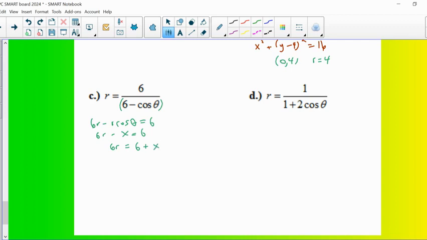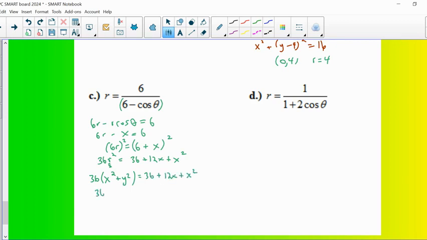And I'm going to now square both sides. So that way I don't get the hybrid kind of an x and an r if I didn't isolate it first. So I get 36r squared is equal to 36 plus 12x plus x squared. And then this r squared here can be represented by a quantity x squared plus y squared equals 36 plus 12x plus x squared.